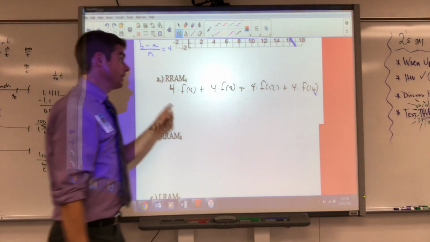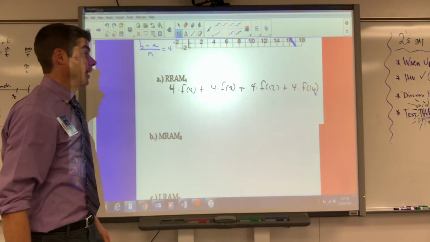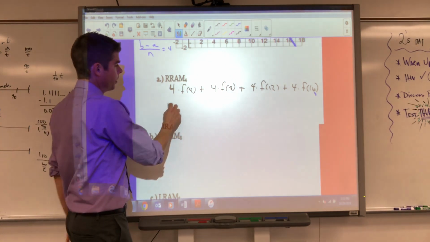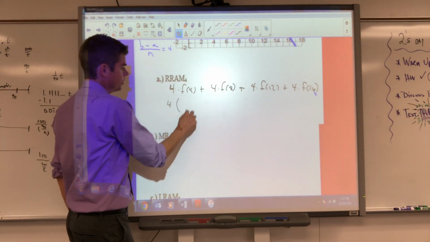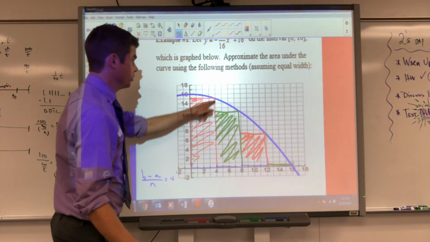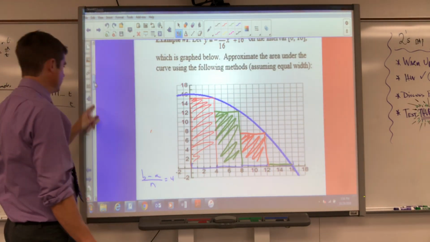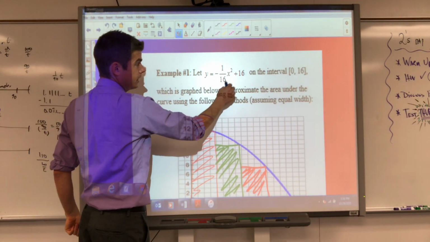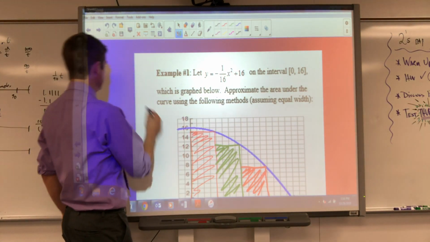Now in this particular case, there's a 4 I could have factored out. If it's unequal width, then you can't do that, but I could factor out a 4 if I wanted to, and figure out what f of 4 is. I can look at the actual picture, or plug 4 into the function. 4 squared is 16, negative 1/16 of 16 is negative 1, plus 16 is 15.